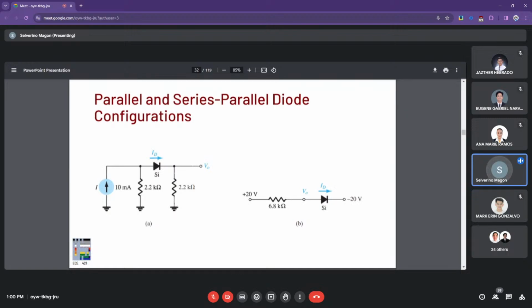And you'll be able to come up with the VO as well, no? Through KVL and KCL, if you're able to come up with the voltage across this one. So yeah, I think next session we can share with you some calculation for this because I've yet to write this down.